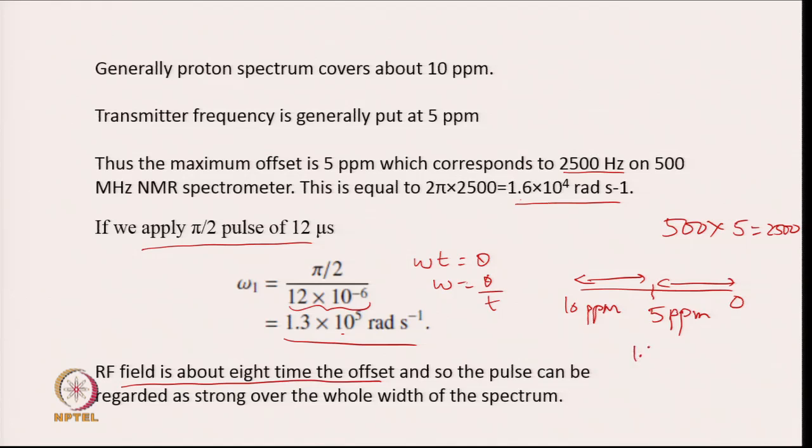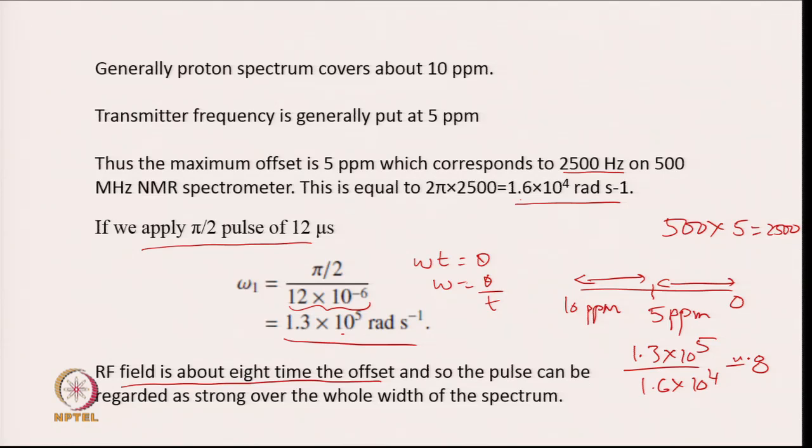So, 1.3 × 10^5 divided by 1.6 × 10^4 is around 8. So, the RF field is about 8 times the offset, and so the pulse can be regarded as strong over the whole width of the spectrum.